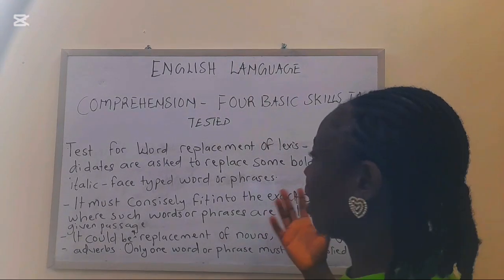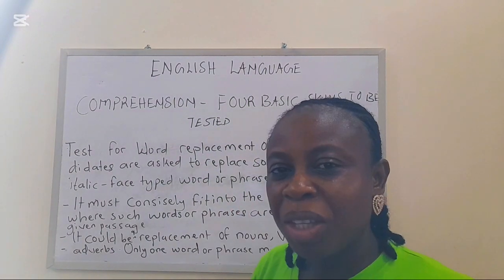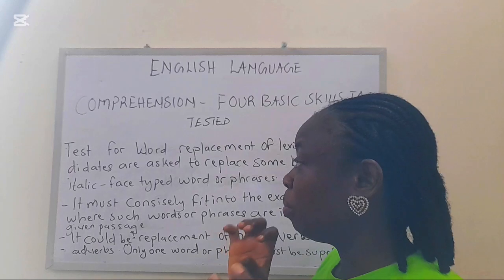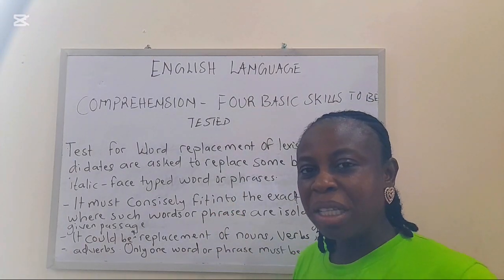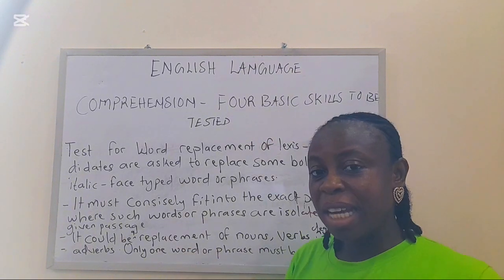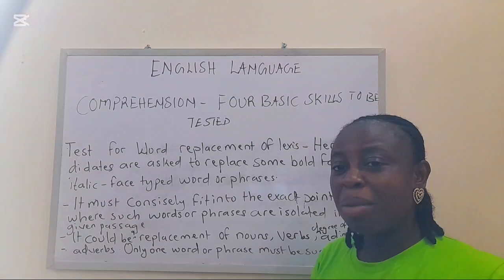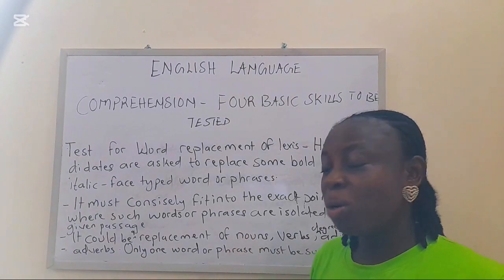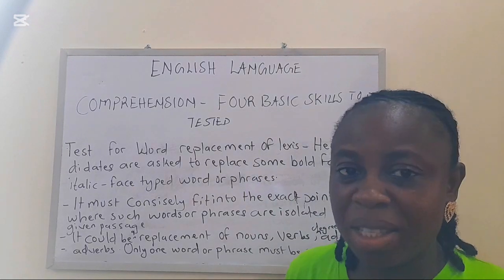Candidates are asked to replace some bold-faced words. Normally the word will be in italics or a bold-faced type, a word or phrase. You are asked to replace it. So what do you do in that case? You must make sure as a candidate that it concisely fits into the exact point from where such words or phrases are isolated in a given passage.